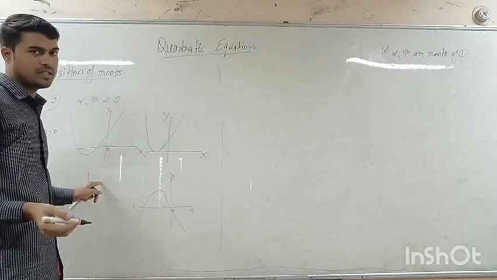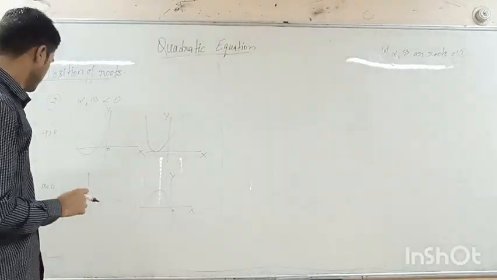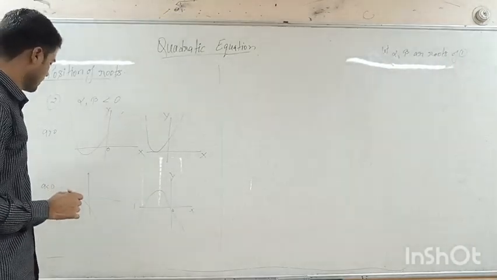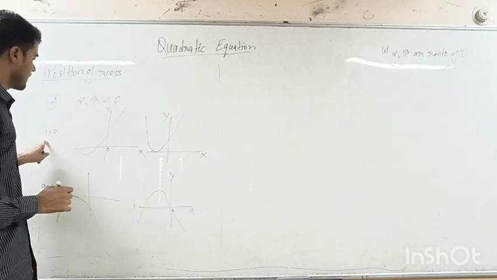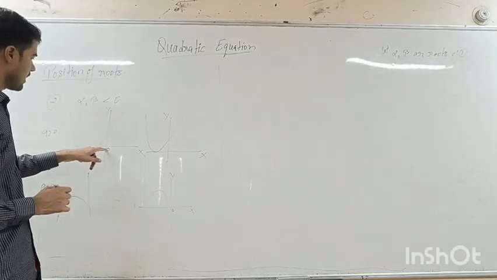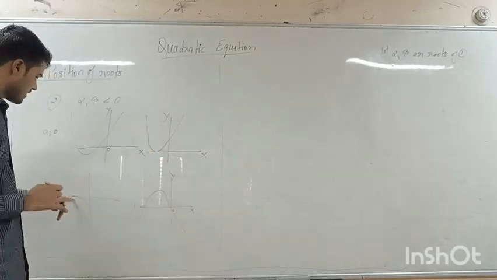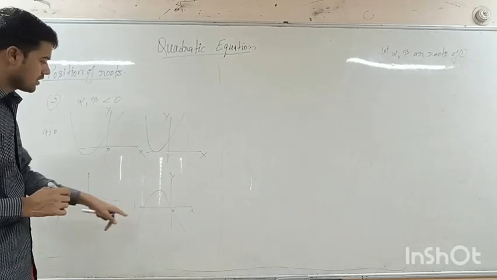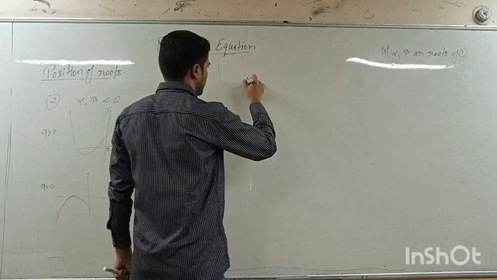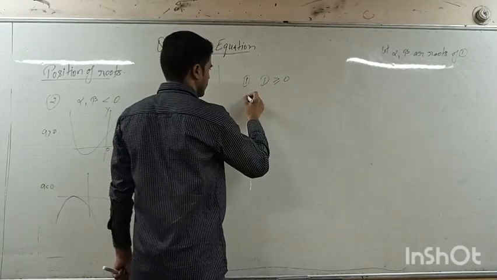First thing is D is greater than or equal to 0, but that is obvious, since we are considering alpha and beta as the roots of the quadratic equation. If a is greater than 0, f(0) is greater than 0. And if a is less than 0, then f(0) is less than 0. So again the first condition is D greater than or equal to 0.